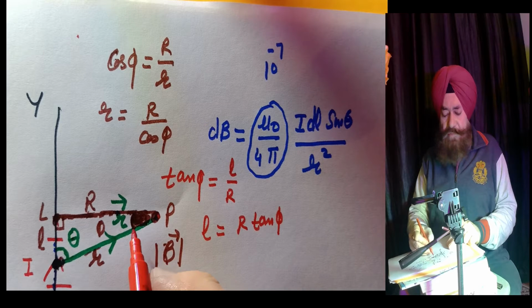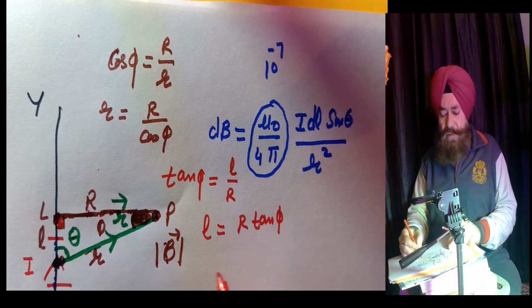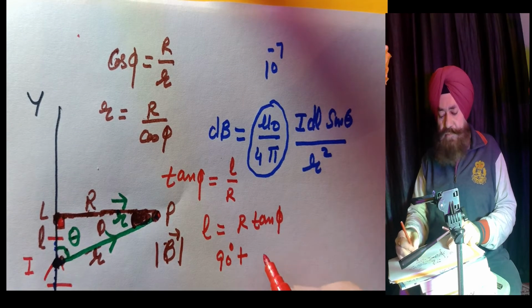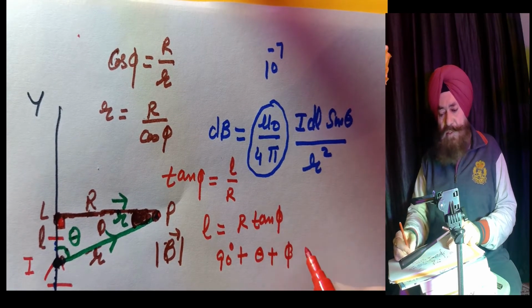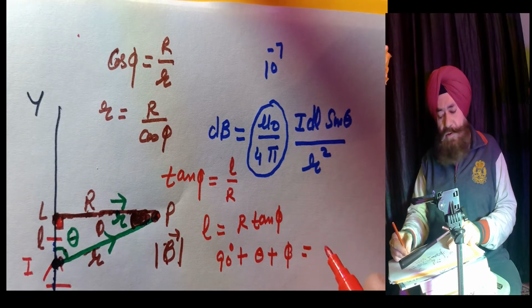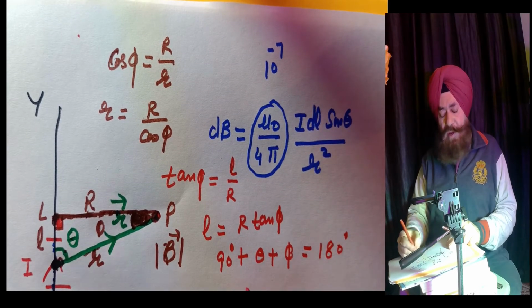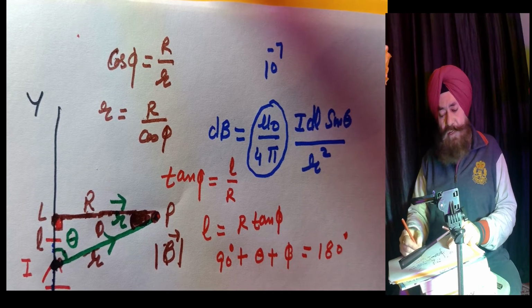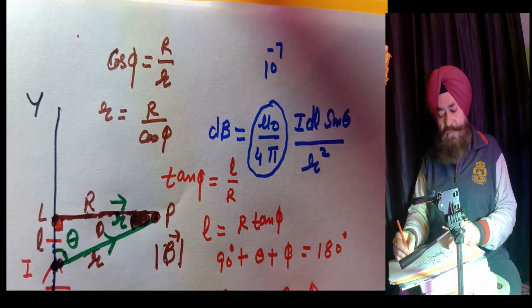And one thing more. There are three angles in this triangle: 90 degrees plus theta plus phi, and the sum of the three angles, you know, is equal to 180. And find the value of theta from here. Theta is 90 minus phi.